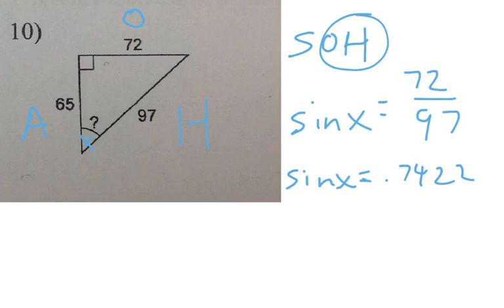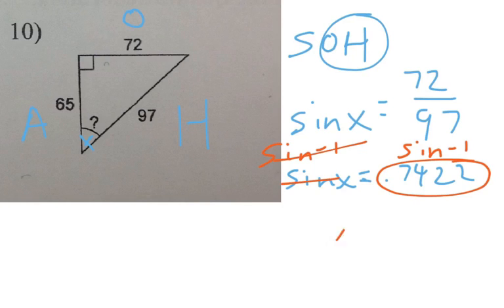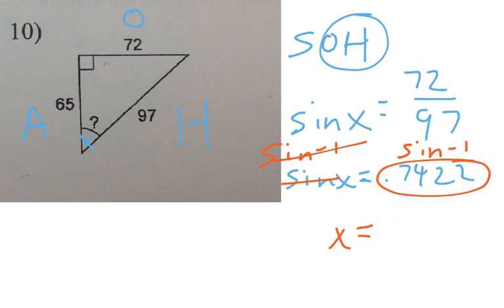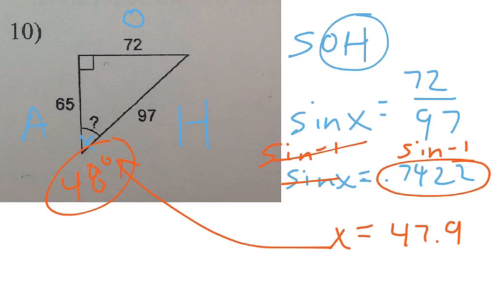And now I'm just going to do a sine inverse on both sides, because that means x is going to equal the sine inverse of 0.7422, which is 47.9. Again, if they have us round off to the nearest degree, we'll just simply say it's 48 degrees. So pause the video again if you need to.